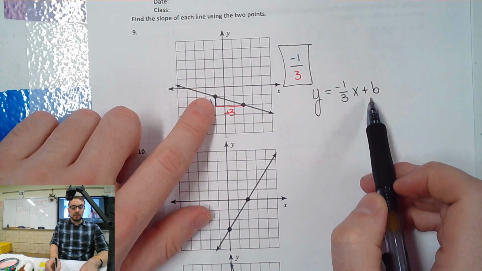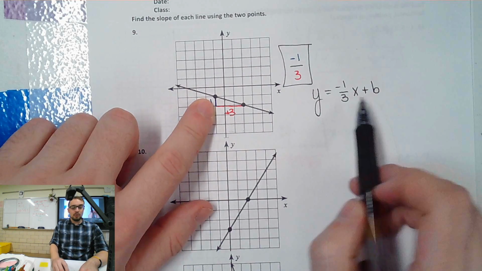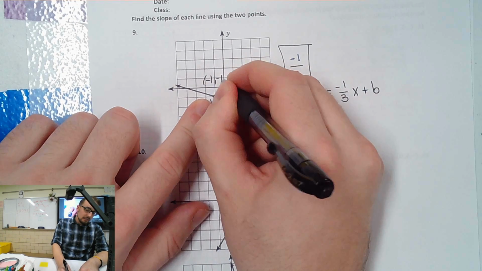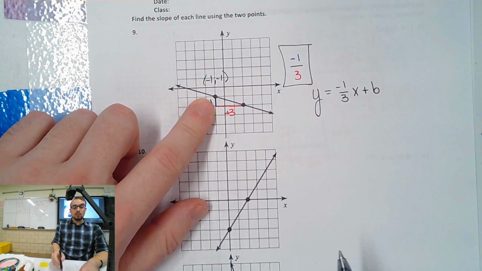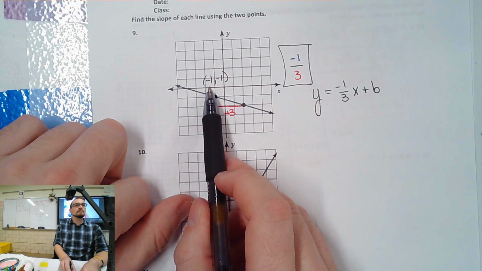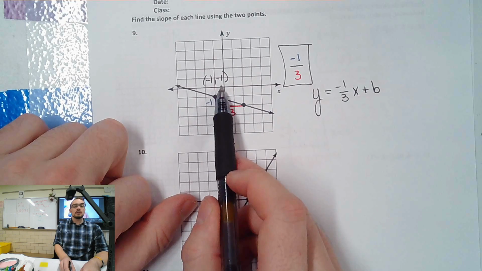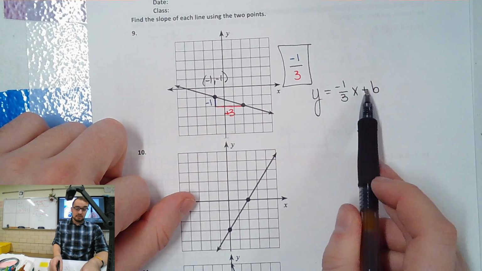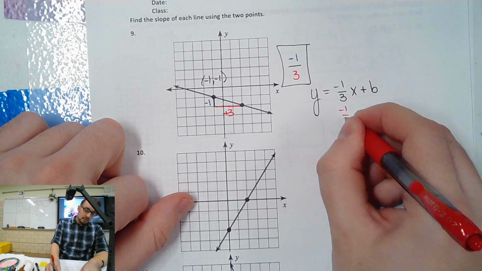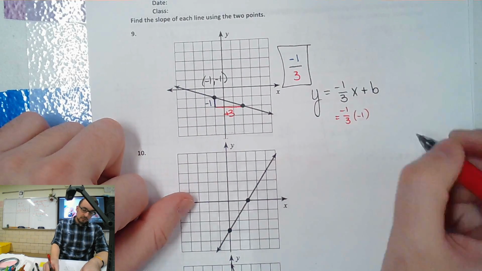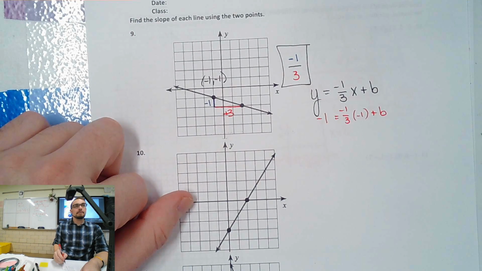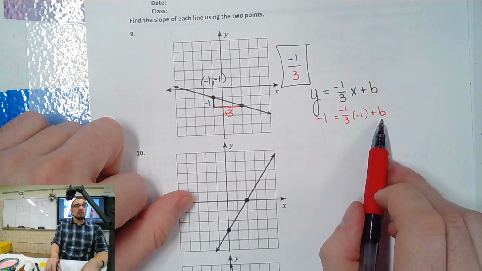Well, we know that that point's on our line, both these points. That point is -1, -1. That means whatever the equation is for this line, when I plug in -1 for x, what pops out for y? -1. Meaning that we can figure out what b is.